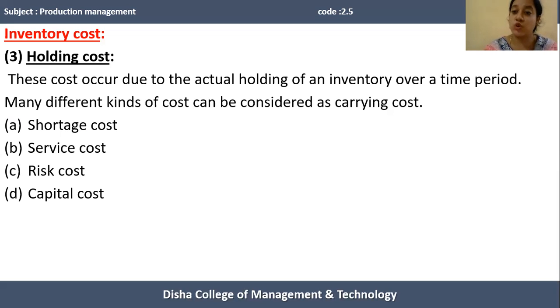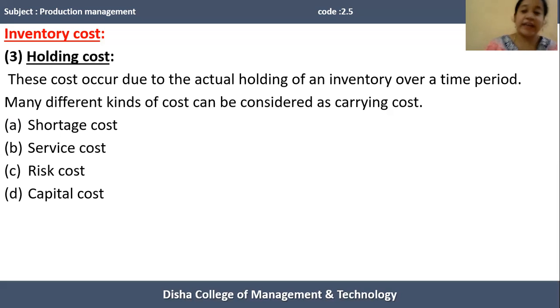The items may be stolen or damaged, or the items may be deteriorated or obsolete after some period of time. But the firm incurs certain costs for procuring these items, and the firm is not in a condition to use these items. So whatever the value the firm lost due to these unavoidable conditions, that cost comes under risk cost.